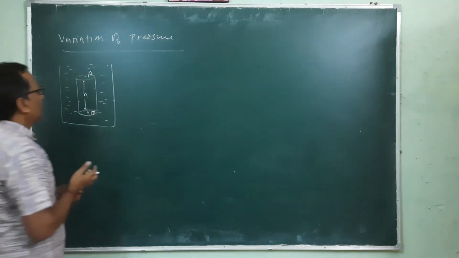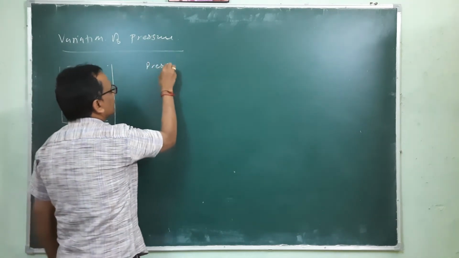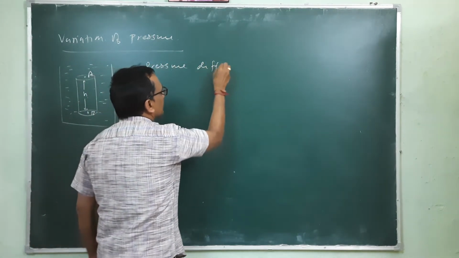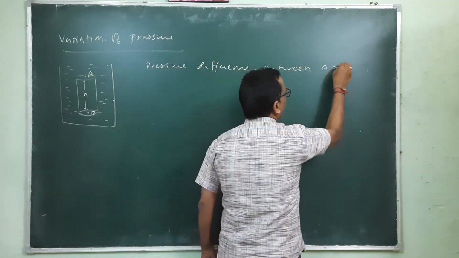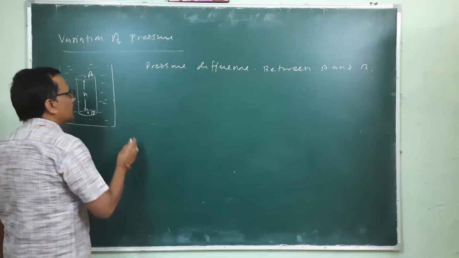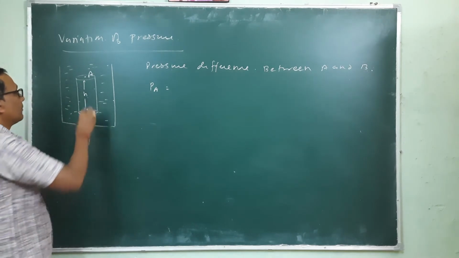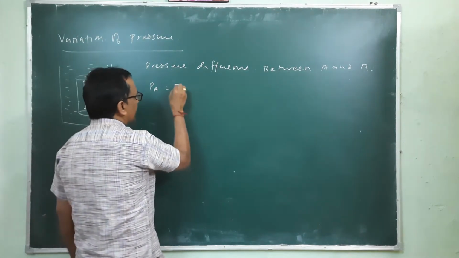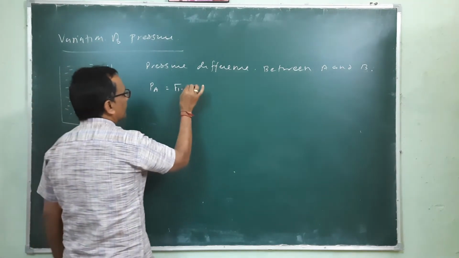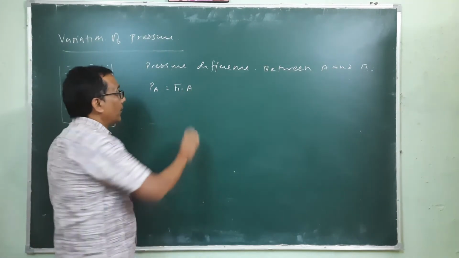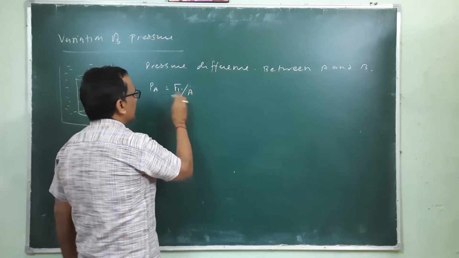So here this is the pressure. So the pressure difference between A and B. This PA is equal to the applied force, let's say F1, upon the area of cross section A, since pressure is defined as force per area.